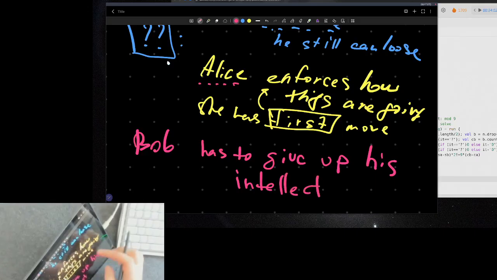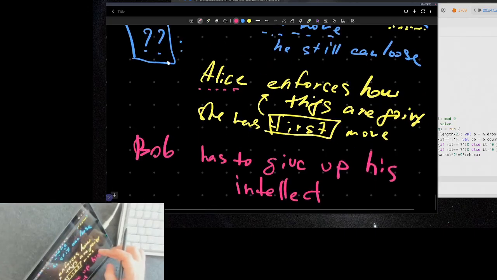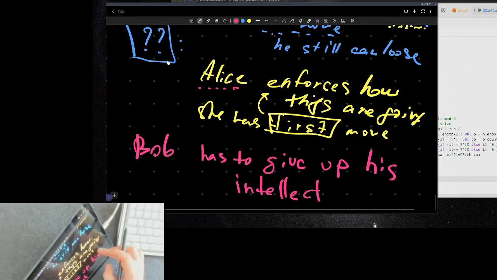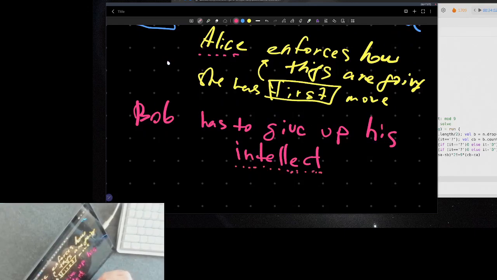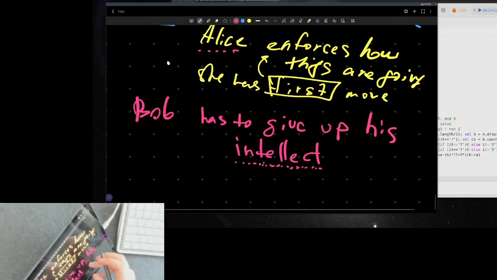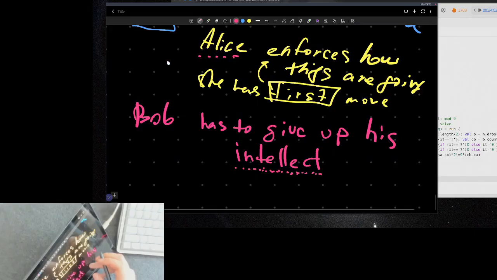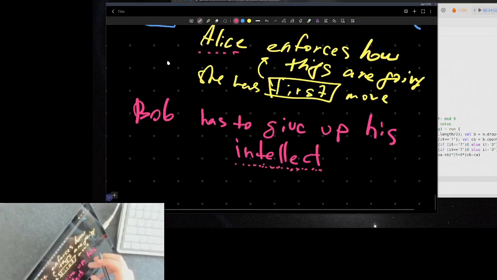That's how I call it, because if anything he decides to apply at any turn, his own decision, it would be just mitigation of what Alice did.